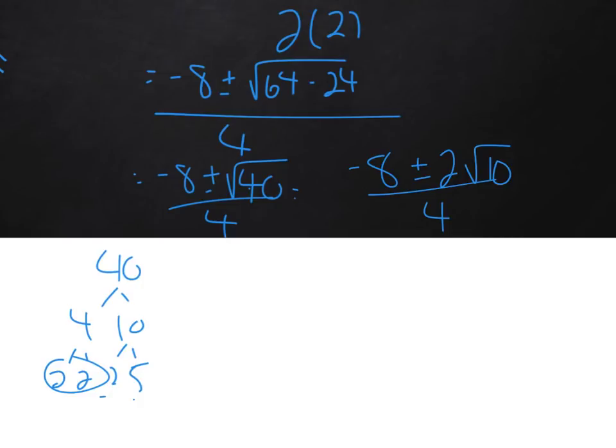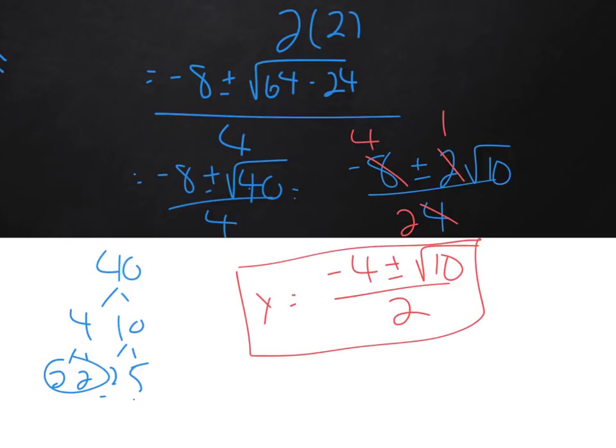And we can see that a 2 goes in all of these, so 2 goes into 8 4 times, 2 goes into 2 once, and 2 goes into 4 twice. And so we get negative 4 plus or minus the square root of 10 all over 2. And then that becomes our final answer there.